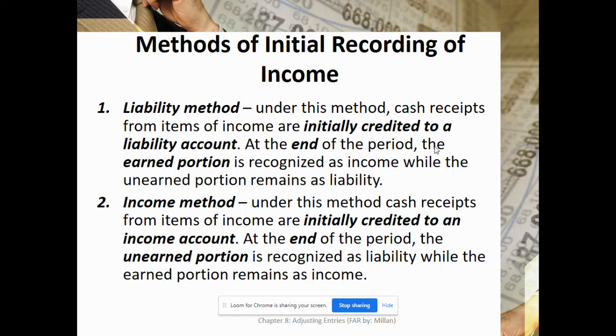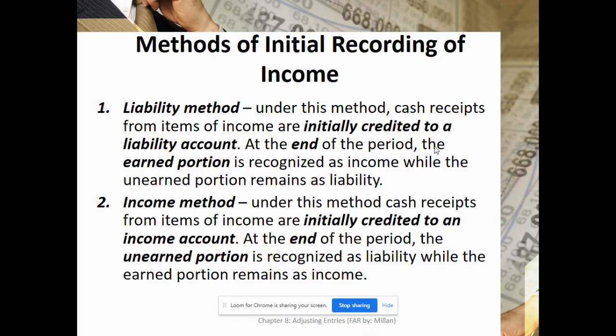So kapag nakatanggap ka daw ng pera, para dun sa sales mo, for example, it's initially recorded as a liability account. And at the end of the period, yung na-earn mong portion ng na-receive mo, yun yung i-recognize mo lang as income while the unearned portion will remain as liability. Anyway, examples will be discussed later.